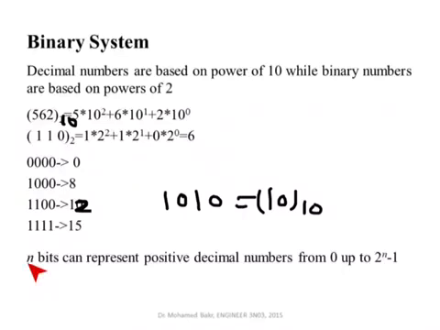So just remember that if you have n bits, like here we have 4 bits, these 4 bits can accommodate decimal numbers from 0 up to 2 to the power n minus 1. So here n is equal to 4, so you can go up from 0000 up to 1111, which is 15. This is the maximum decimal number that can be represented by 4 binary bits.